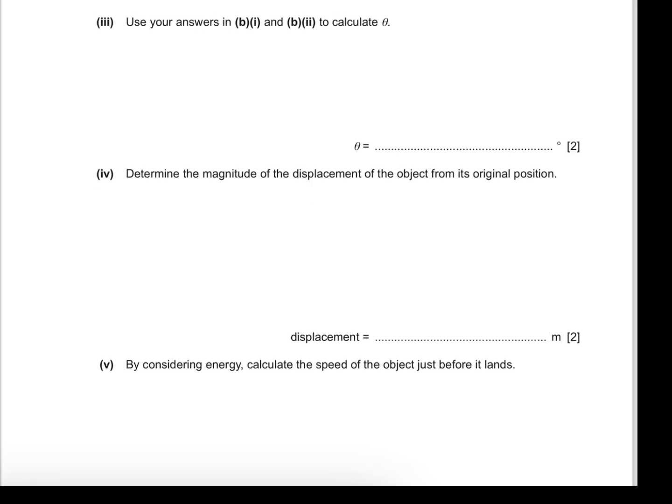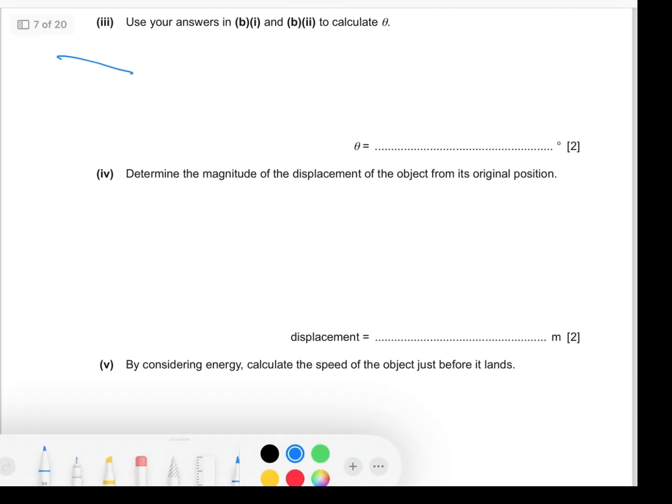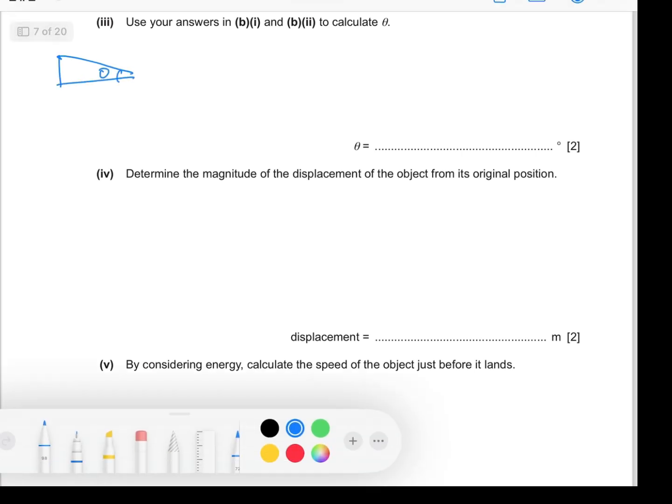B part 1 tells us the horizontal distance is 4.3 meters, and part 2 tells us the vertical distance is 2.5 meter. To calculate theta. Okay, so as you can see, this forms a right angle triangle.